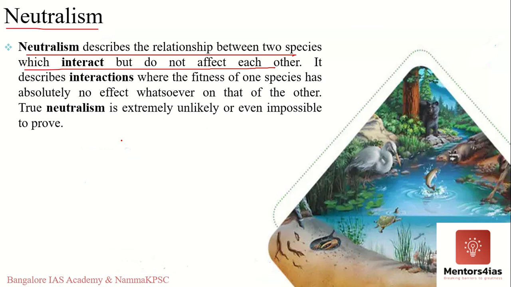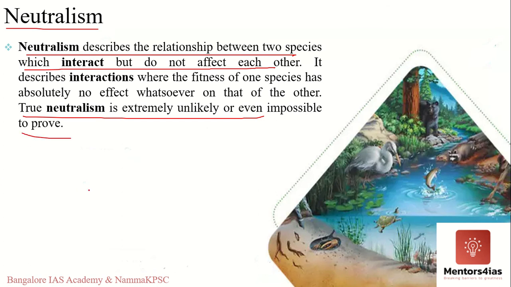But the only problem is that it is not clear if this kind of interaction, neutralism, is actually possible in nature, where two organisms are neither benefiting from the interaction, nor affecting each other in any way.